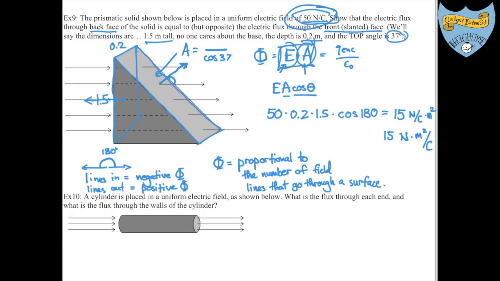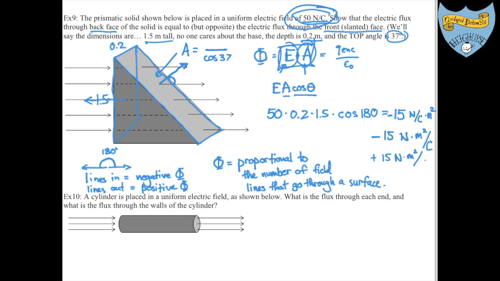So there's exactly 0 difference between the flux through the backside, or the left side, and the flux through the sloped right side, because of the angle at which those field lines go in. So we'll just get, oh, I'm sorry, I messed something up earlier. Negative 15 should have been our answer to the flux through the left side. So the flux through the right side then is just positive 15.